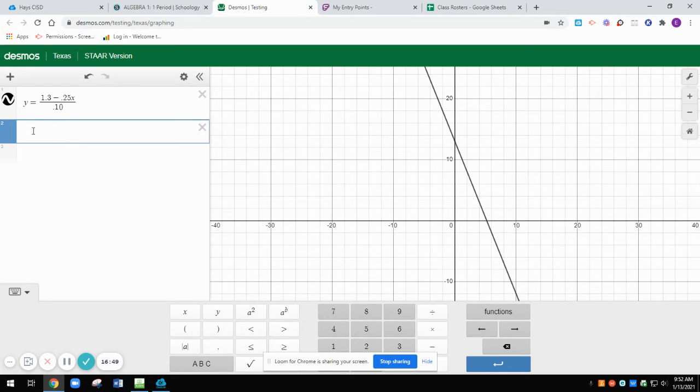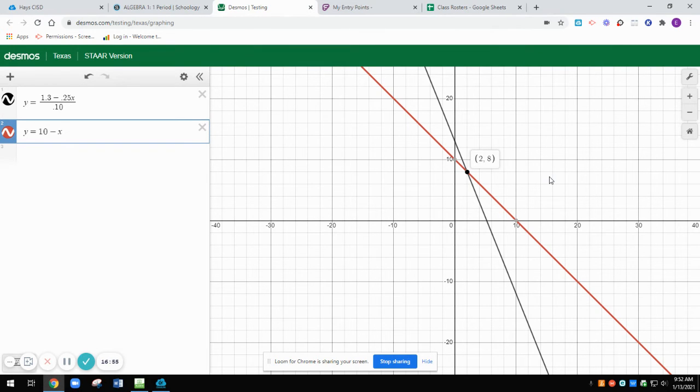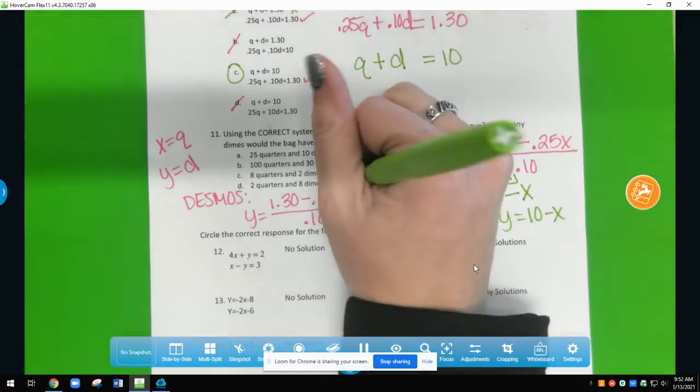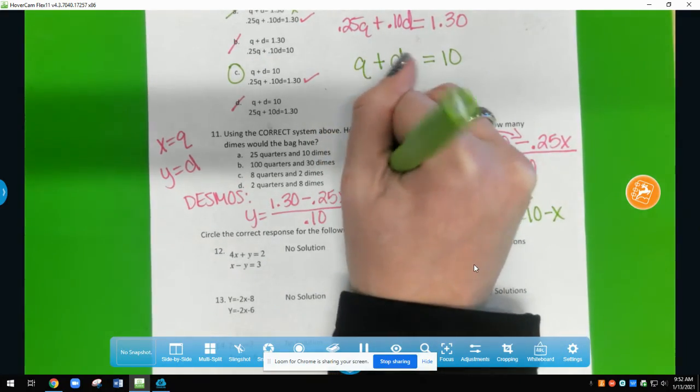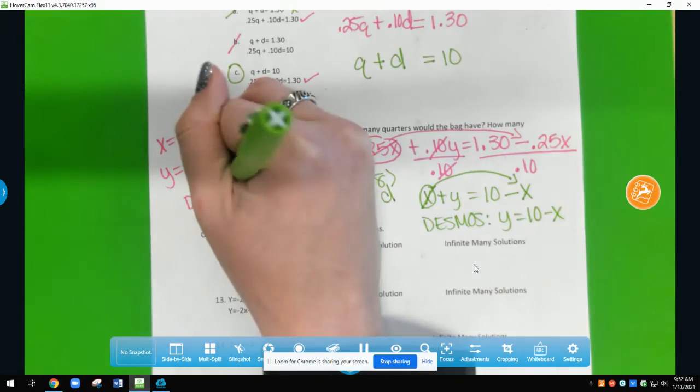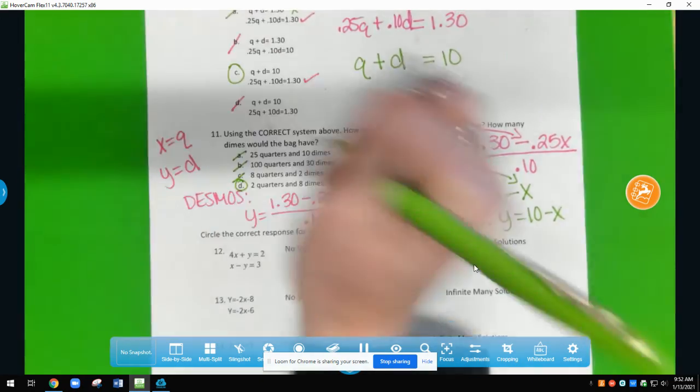And then at the bottom, Y equals 10 minus X. So I have 2, 8 is the point where they intersect. So I have 2 quarters, 8 dimes. So my answer would be D.